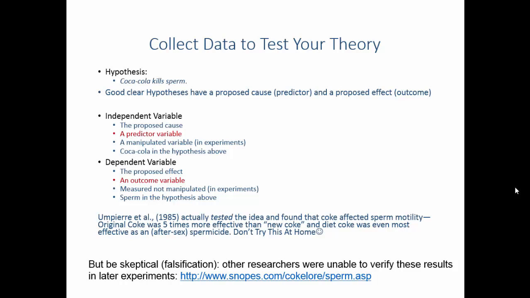So really the more general terms are predictor variable and outcome variable, or sometimes criterion variable. Independent variable is a specific type of predictor variable, and a dependent variable is a specific type of outcome variable.